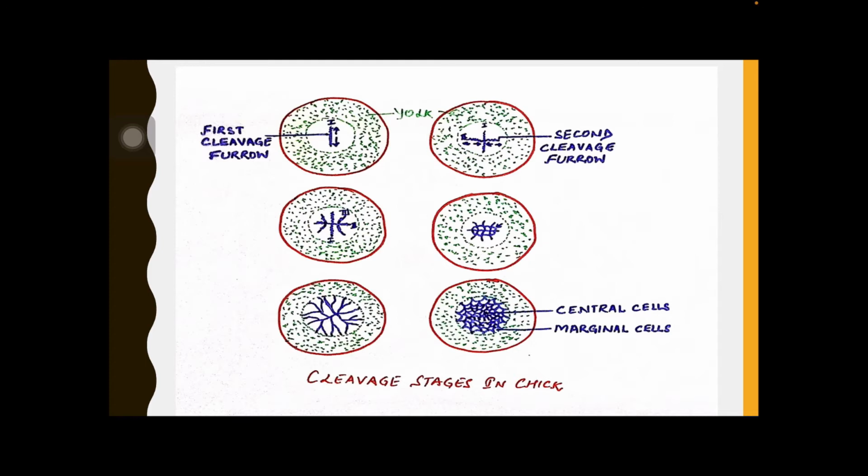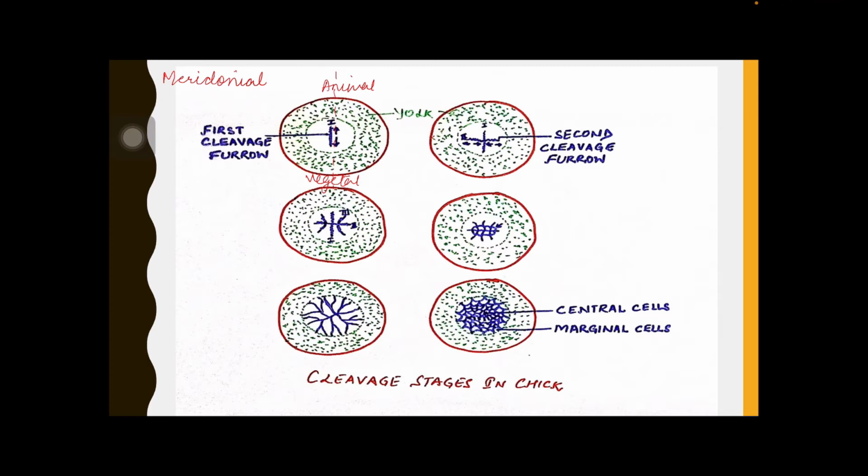So the first cleavage in case of fowl is always vertical or meridional. So what is meridional cleavage? It takes place along the animal vegetal axis. This is the animal pole, and this is the vegetal pole. The cleavage which passes through the animal and vegetal pole is known as meridional cleavage, as it passes through the animal vegetal axis.